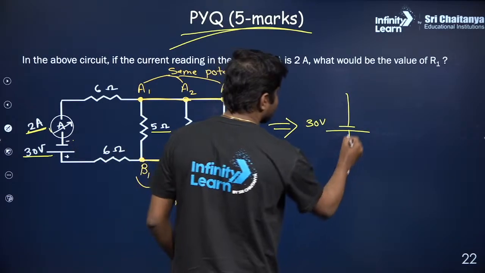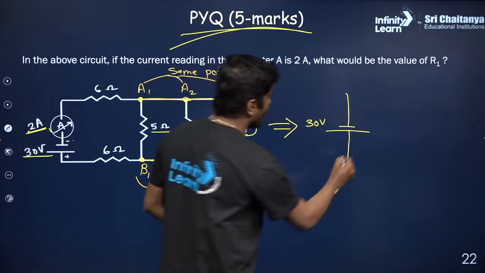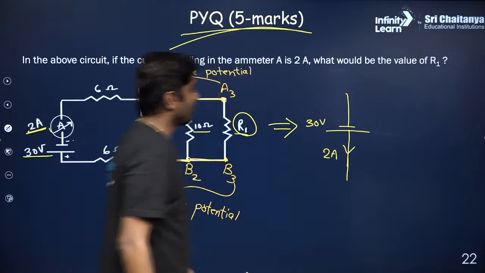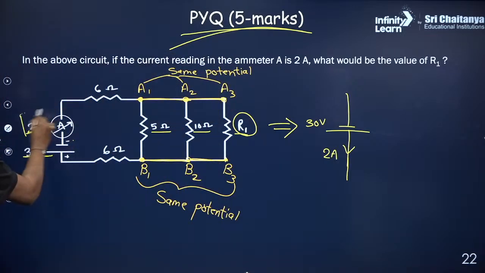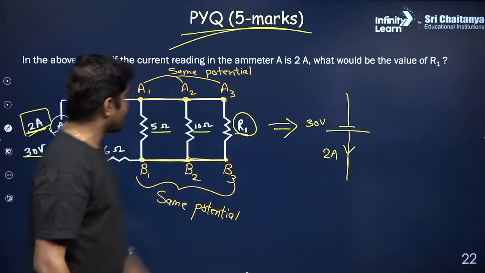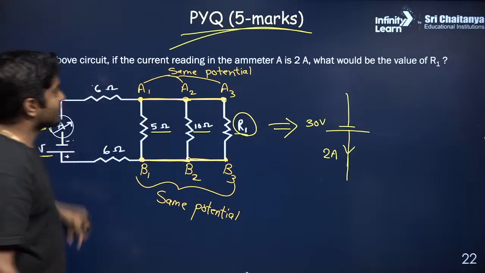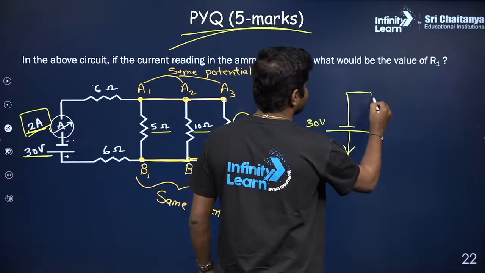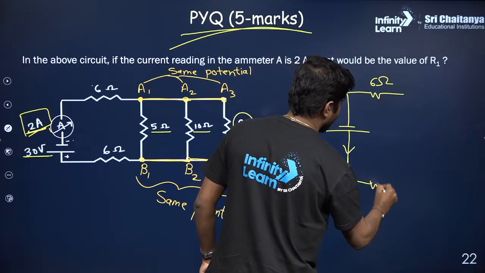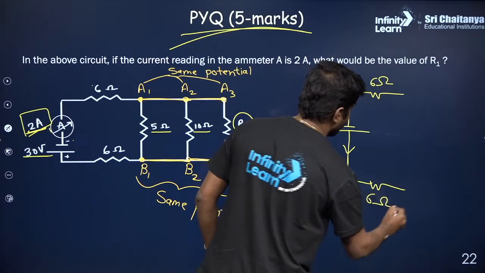The current will start from the positive terminal. There is a current which is 2 ampere. Now there is 6 ohm and 6 ohm.